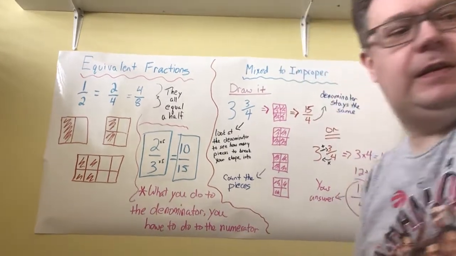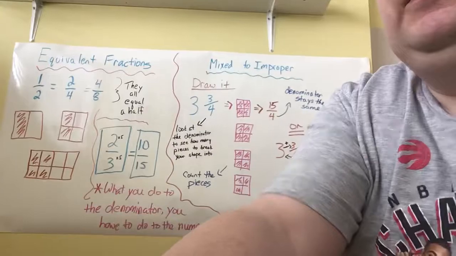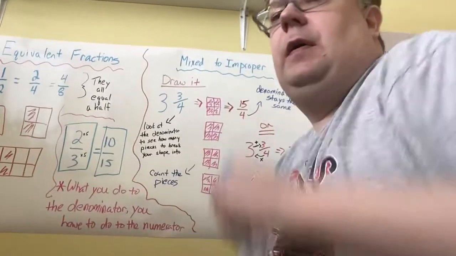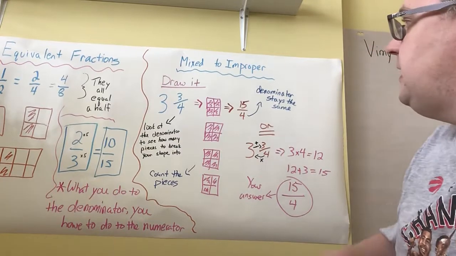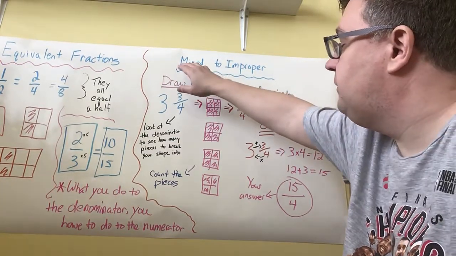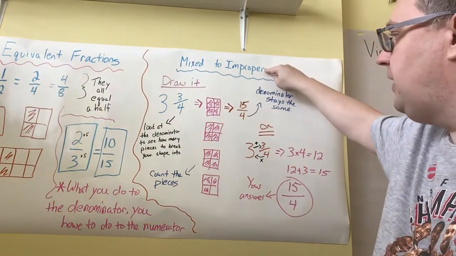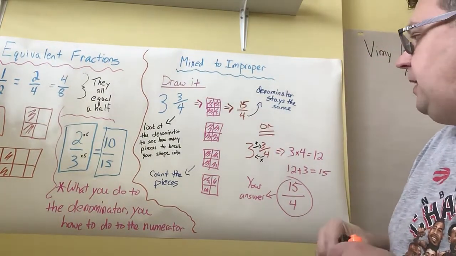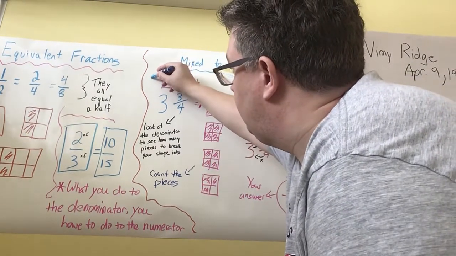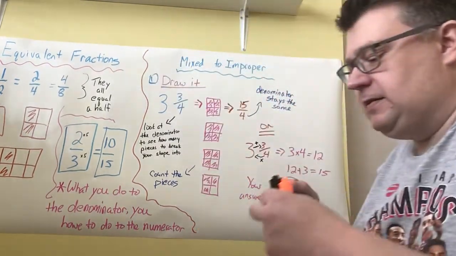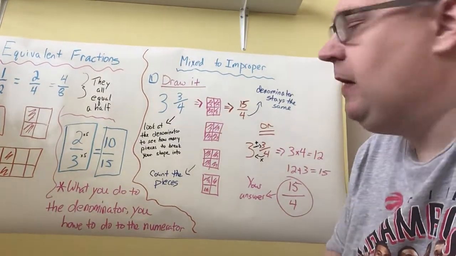Okay, so the next thing, I slide my iPad over a bit, is converting fractions, okay? And in this case, we're going to look at how you convert a mixed fraction to an improper fraction. Well, there's a couple ways of doing it, okay? So one way, it's a little bit more work, but it might be a little less confusing.